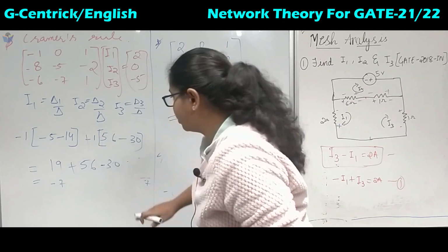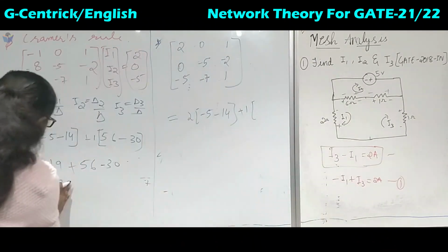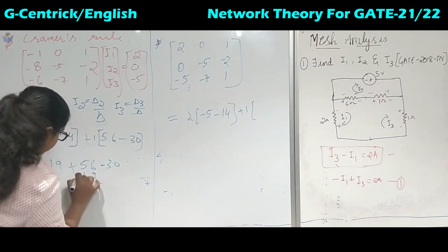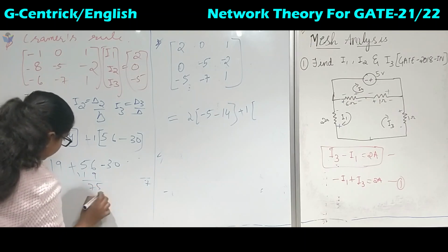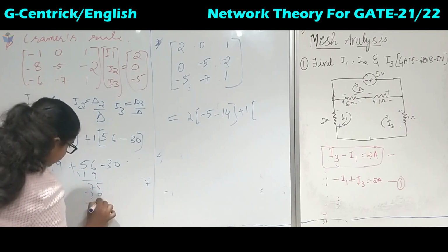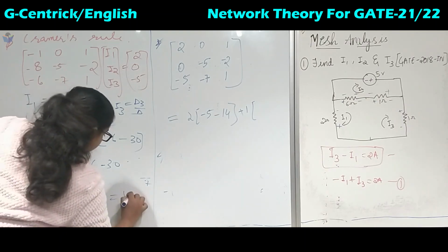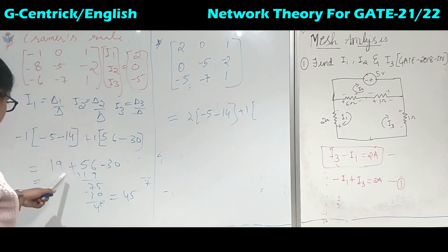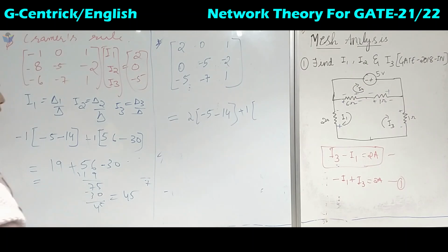So 56 plus 19 is 75. So minus 30. So 45 is the determinant.